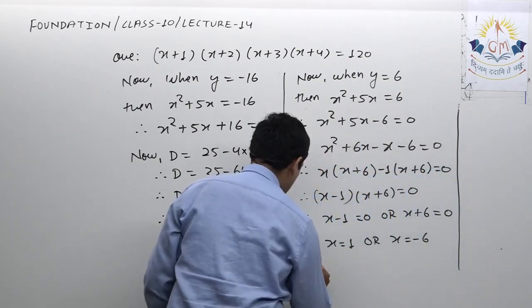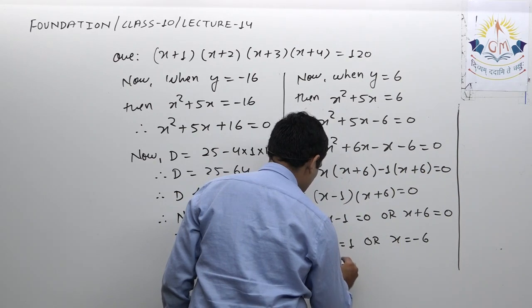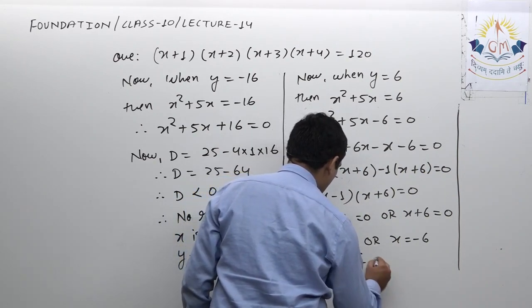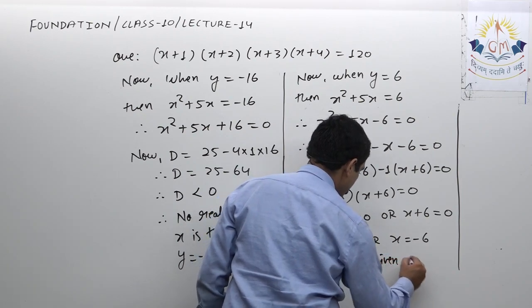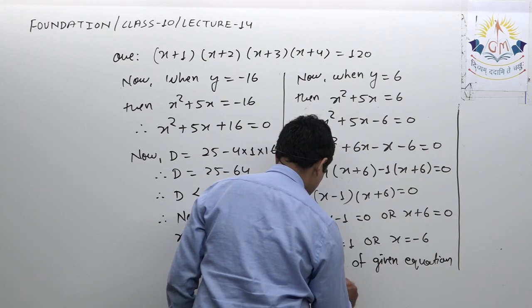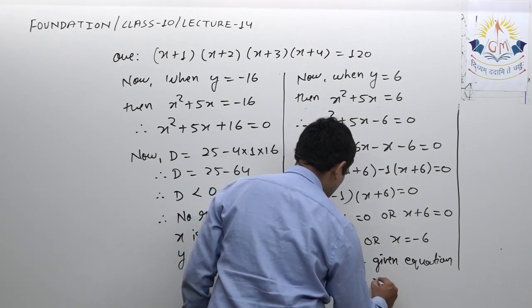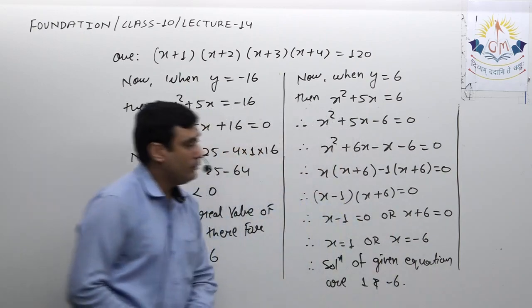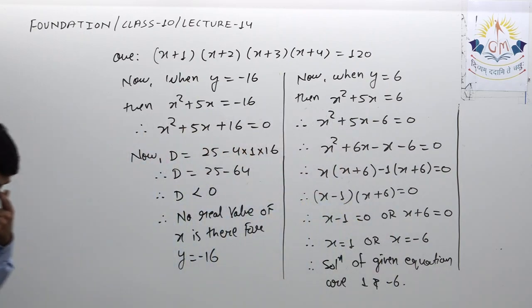So here I will write, therefore, solutions of the given equation are 1 and minus 6.